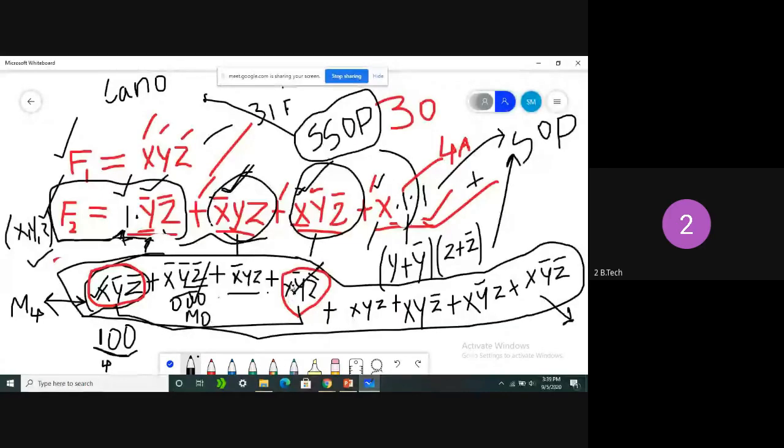If F2 is given like M4 plus M3 plus M5, then we can easily convert it into canonical form. Clear all of you? Yes, sir. Here also, what is the other term? This 4 is repeated, so M4 is repeated, no need to write it again. In the other term, X equals 1, Y equals 1, Z equals 1, that is 7, so M suffix 7. Clear all of you? Yes, sir.